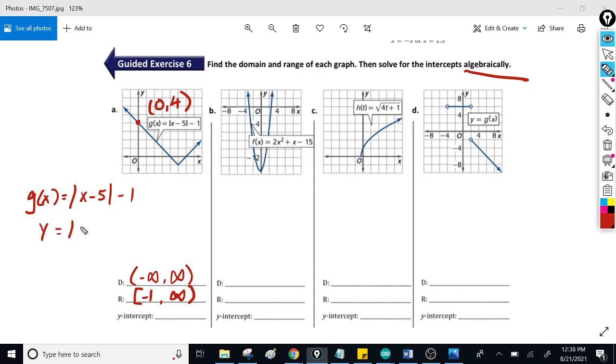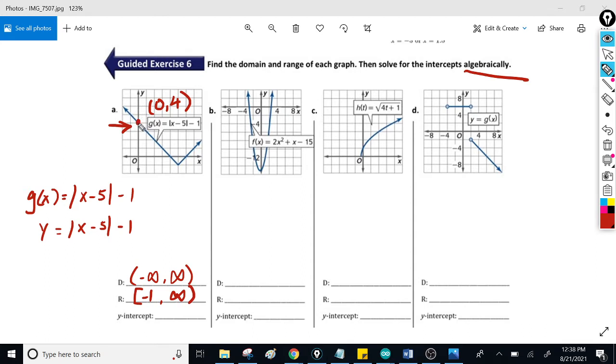So for now, let's just put it back as y. And then what happened at the y-intercept right here?